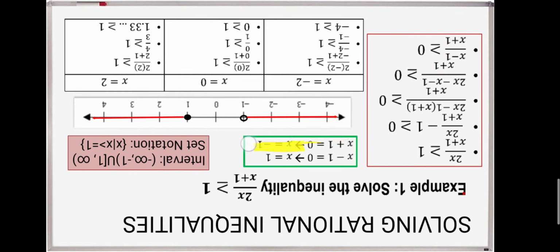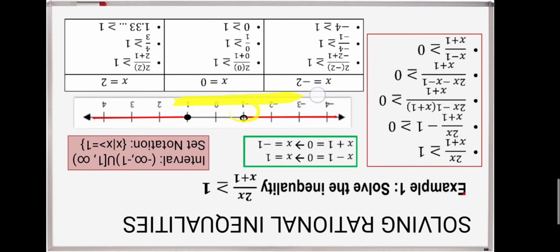Okay, so we obtain the critical values, then plot them on the number line, but to decide whether you're going to use the shaded circle or open circle, you have to try them in the original inequality. So when we use 1 as our value of x, this will make the inequality true. Okay? On the other hand, negative 1 will make the inequality undefined. So, for 1, we use shaded circle, and for negative 1, we use open circle.